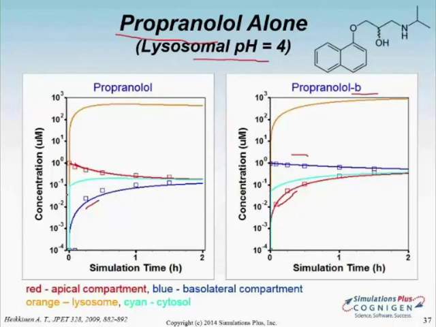And the two additional lines are showing the concentration in the lysosome, in orange, and the concentration of the drug in the cytosol, so in the cells, and you can see we have a very high accumulation of the drug in the lysosomes. The simulated concentration exceeds the cytosolic concentration about 3 orders of magnitude.